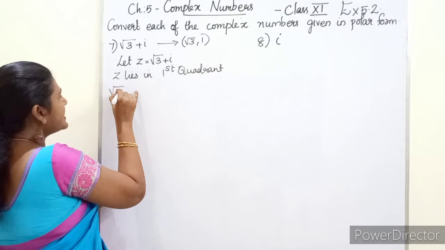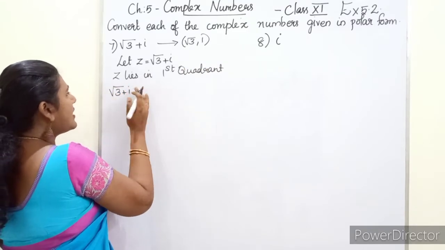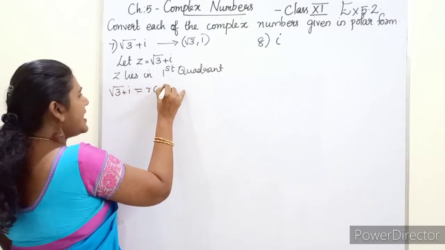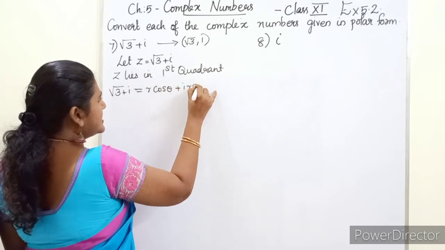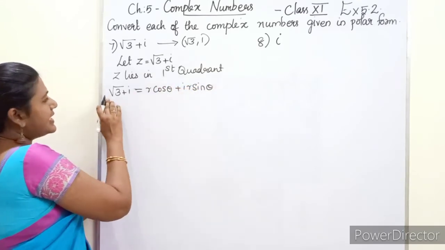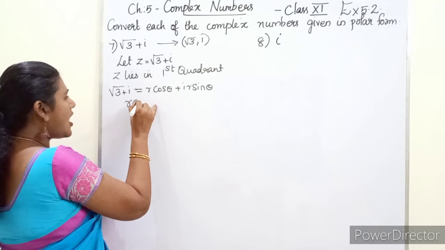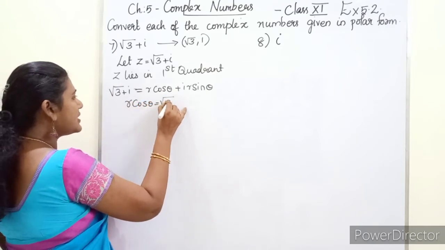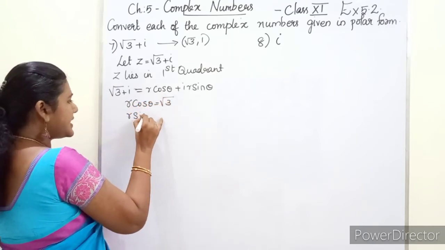Now root 3 plus i is equal to r cos theta plus i r sin theta. We will equate the real part and imaginary part. So r cos theta is equal to root 3, r sin theta is equal to 1.